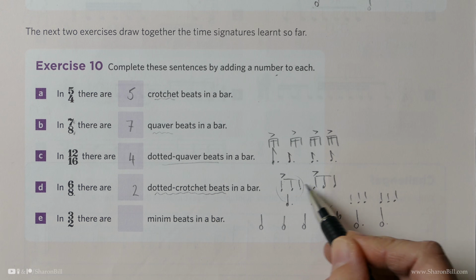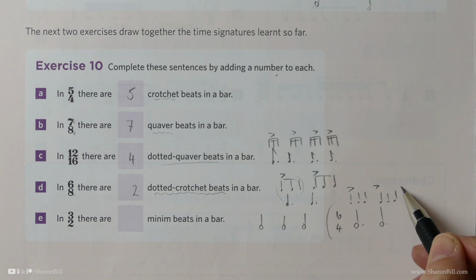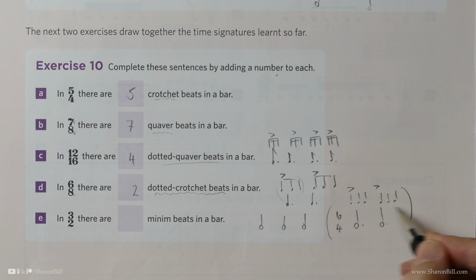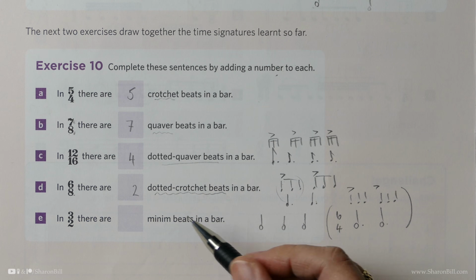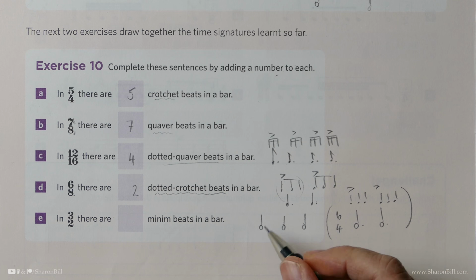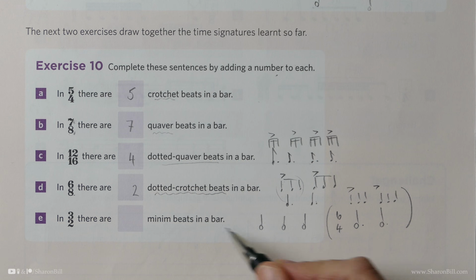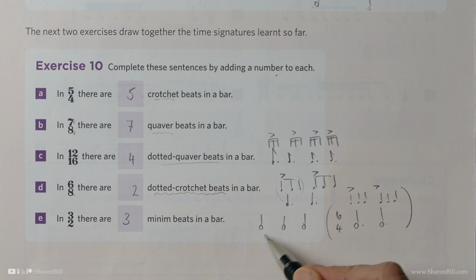Just as 6/8 is 2 groups, 6/4 is also 2 groups, and that's compound time, whereas here we're in simple time and literally 3/2 means that there are 3 minim beats per bar, triple time. And that's that page completed.